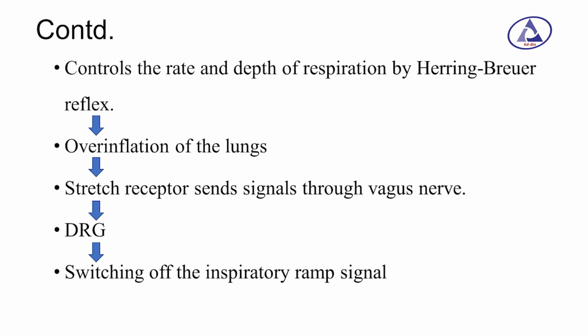Whenever this boundary is crossed, or 1500 ml is reached, the stretch receptors are stimulated. So lungs expand, the stretch receptors are stimulated. They send signals through the vagus nerve, and the signals go to the dorsal respiratory group.